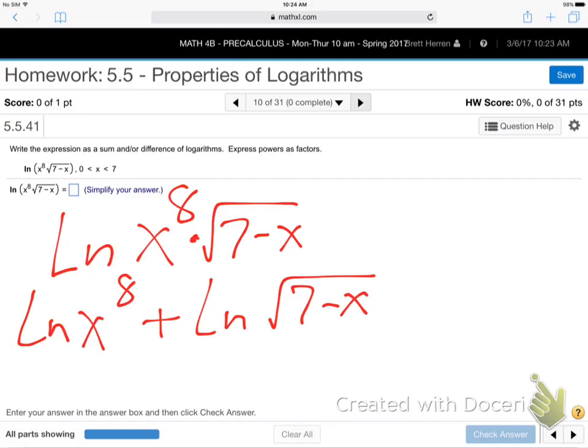Because multiply, the harder operation for 1 log, is easier, adding, for 2. Everybody good so far? And now, what did we learn about powers? Powers can come down to the front, so that 8 can slide down to the front. Hey, what about the root? So this one's going to be 8 ln x. That one's good. But what do we do with that other part with the root?